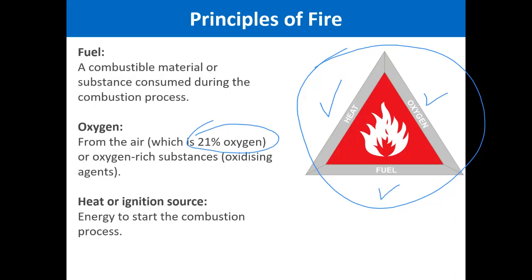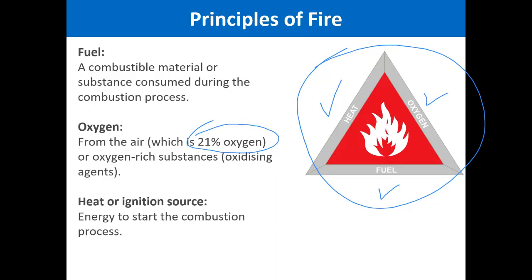So heat is the energy which is required to start a fire. Oxygen is a very important chemical reagent of the fire process. And fuel is what burns. Anything which is combustible, anything which can catch fire, is called the fuel. Fuel is basically a combustible material or substance consumed during the process.